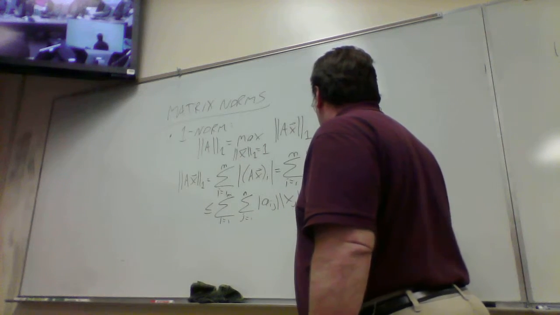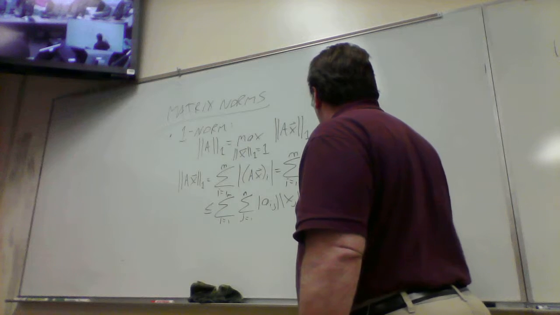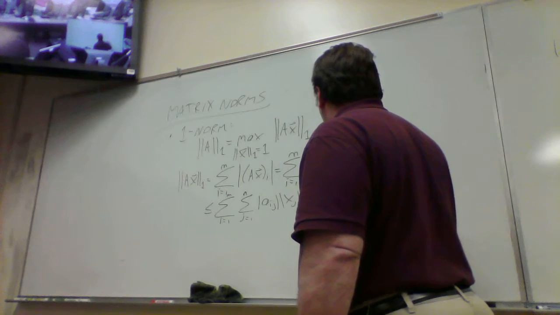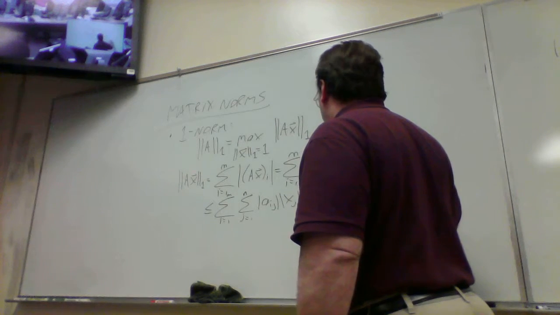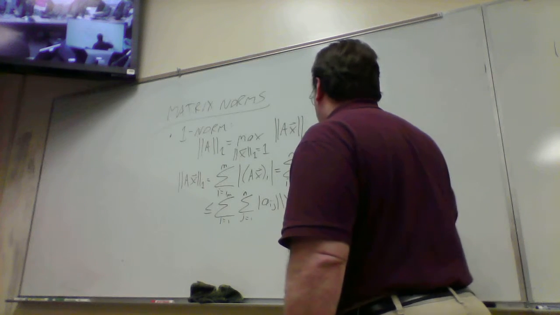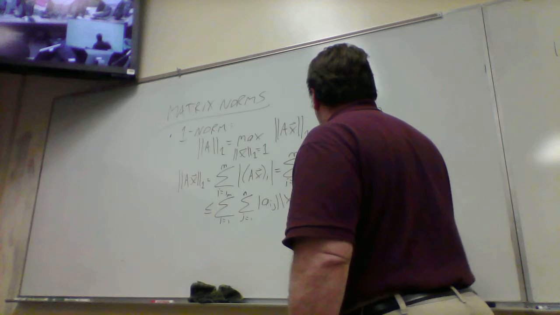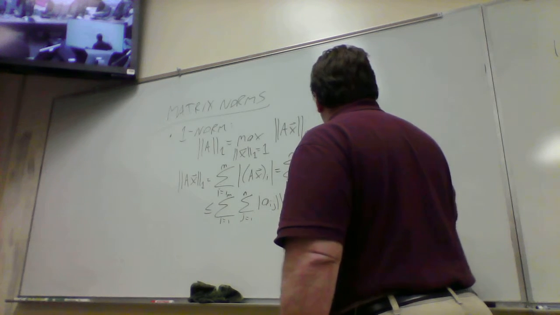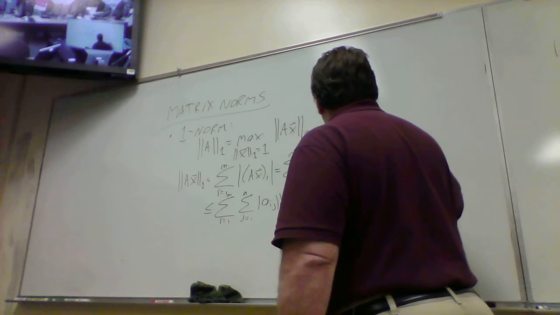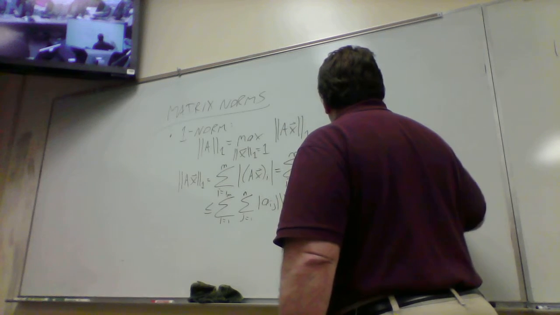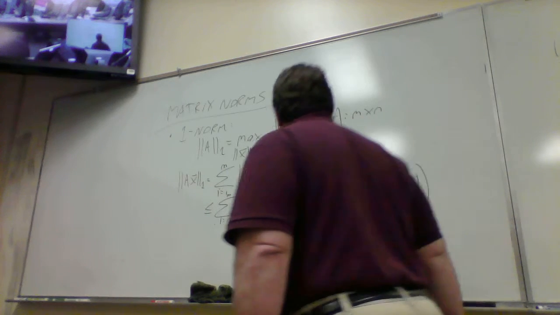So I have a sum, j equals 1 to n, absolute value of xj, and then the sum i equals 1 to m of absolute value of Aij. Okay.